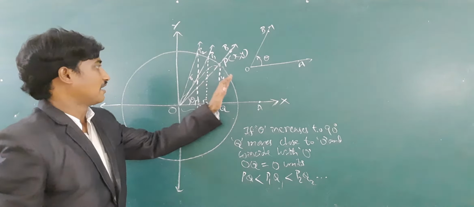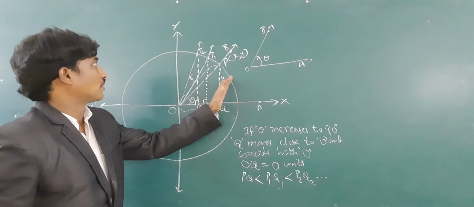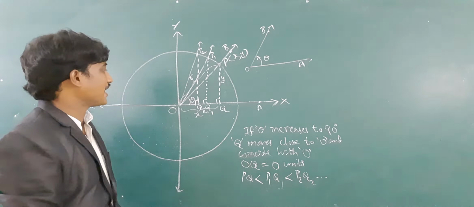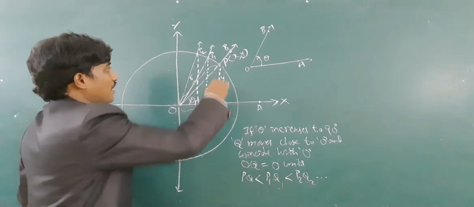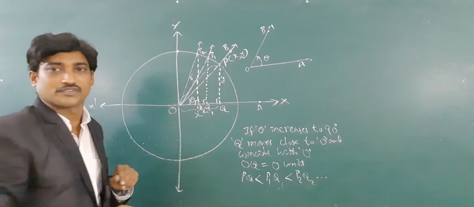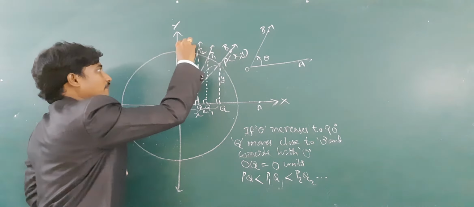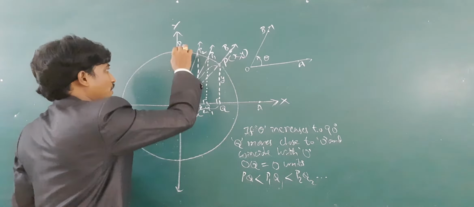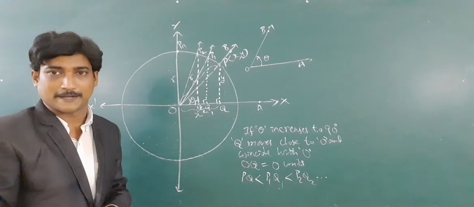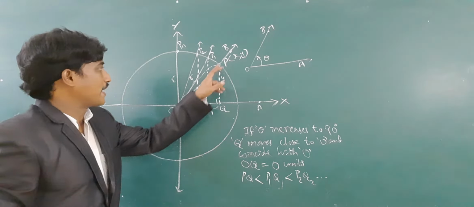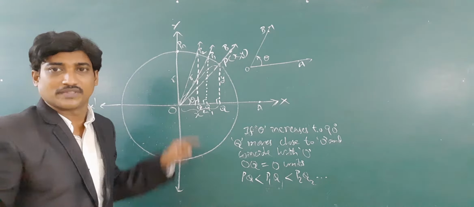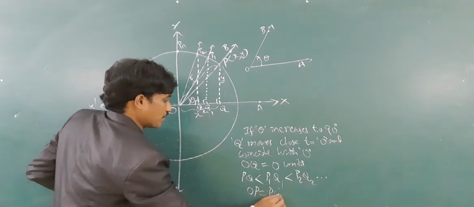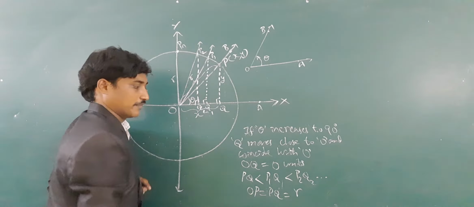Finally, it moves to the y-axis. That means P moves to this position, some Pn. In that case Pn is nothing but R. So PQ equals OP, that is R units.